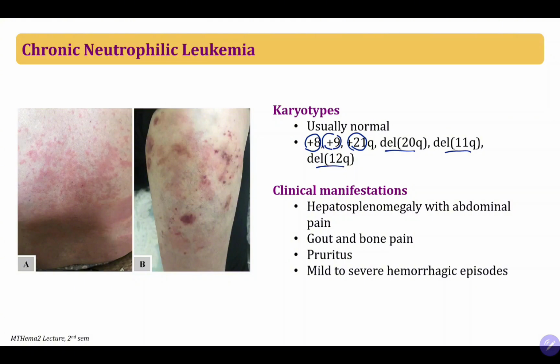Now, clinical manifestations in CNL show hepatosplenomegaly with abdominal pain because of, again, the increased turnover of your cells, because there are many of them. And since there is an increased number of cells, there could also be manifestations of gout and bone pain, pruritus, and mild to severe hemorrhagic episodes.